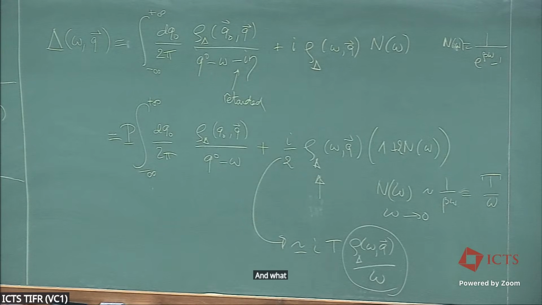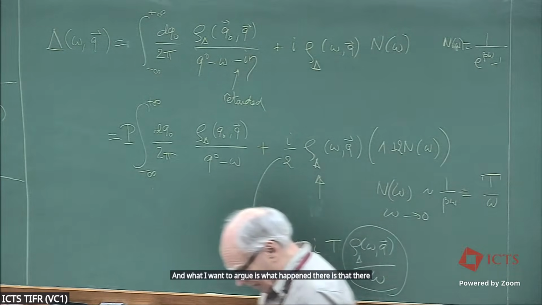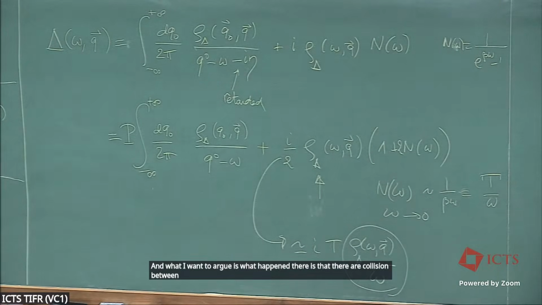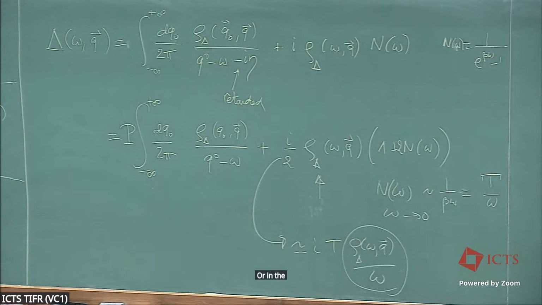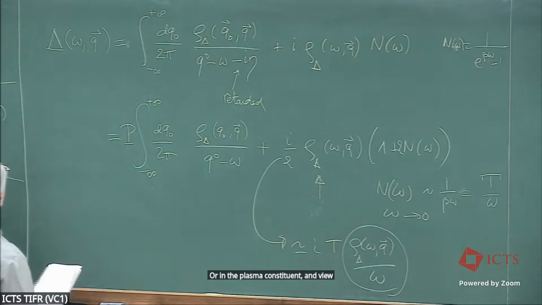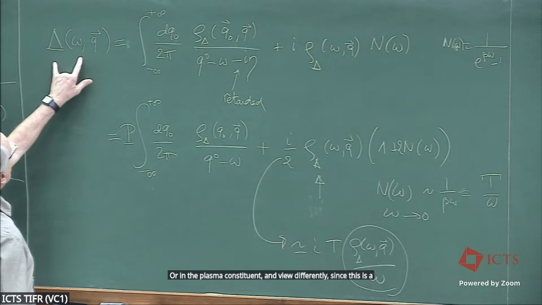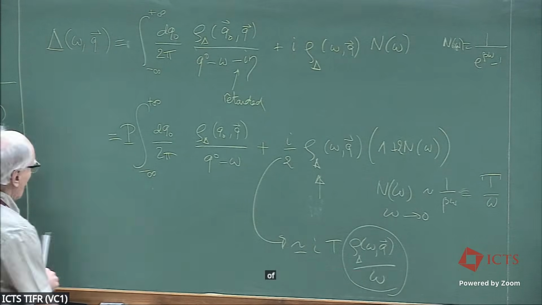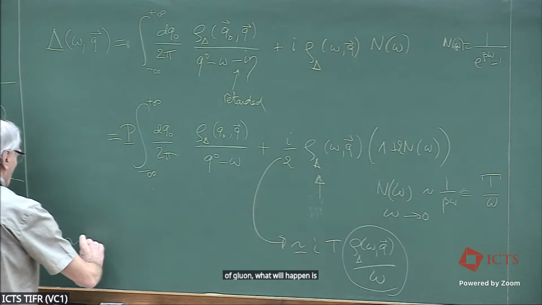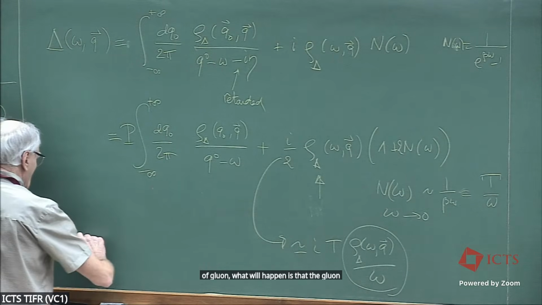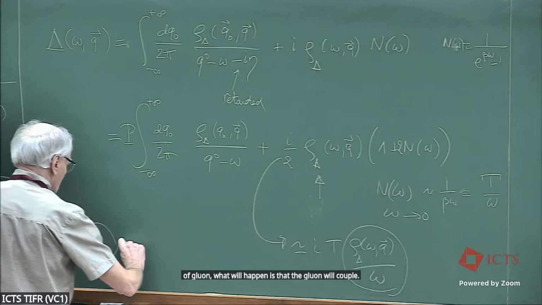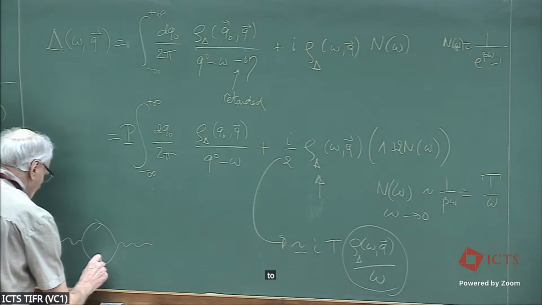And what I want to argue is that what happens there is that there are collisions between the heavy quark and the plasma constituents, and viewed differently, since this is a propagator of a gluon, the gluon will couple to other particles in the medium.